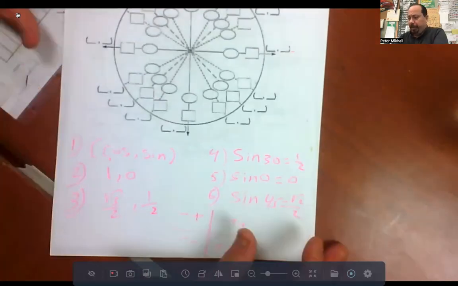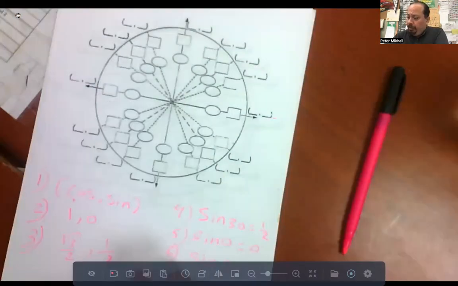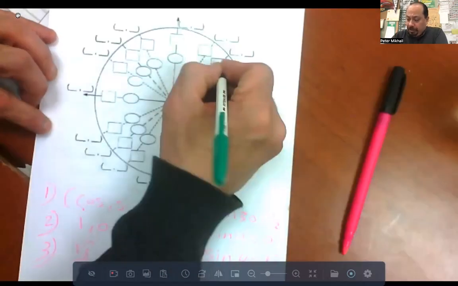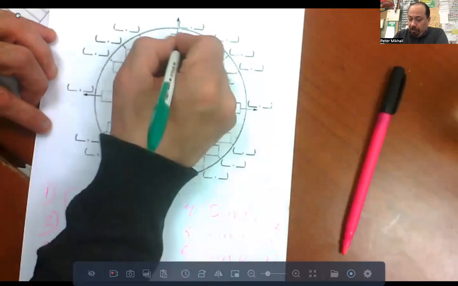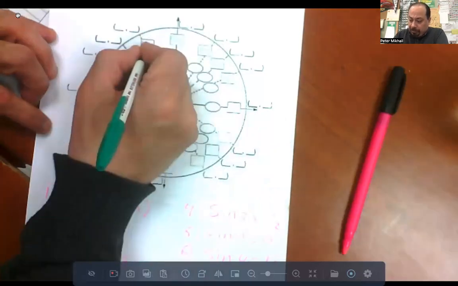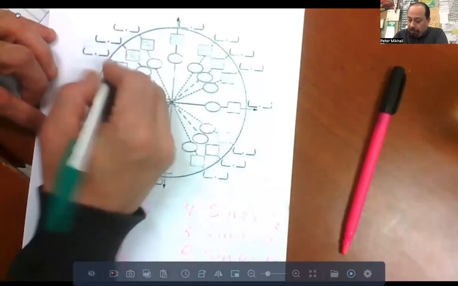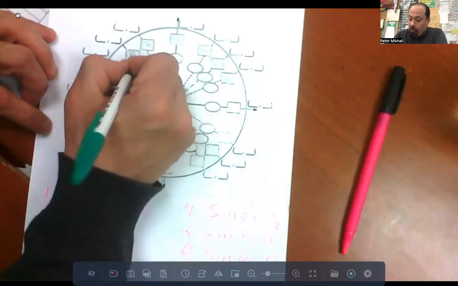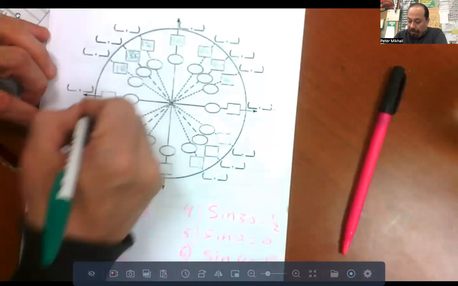Now, let's fill in the angles. From the previous lesson, we know the angles here are 30, 45, 60, 90, 120, 135, 150, 180.